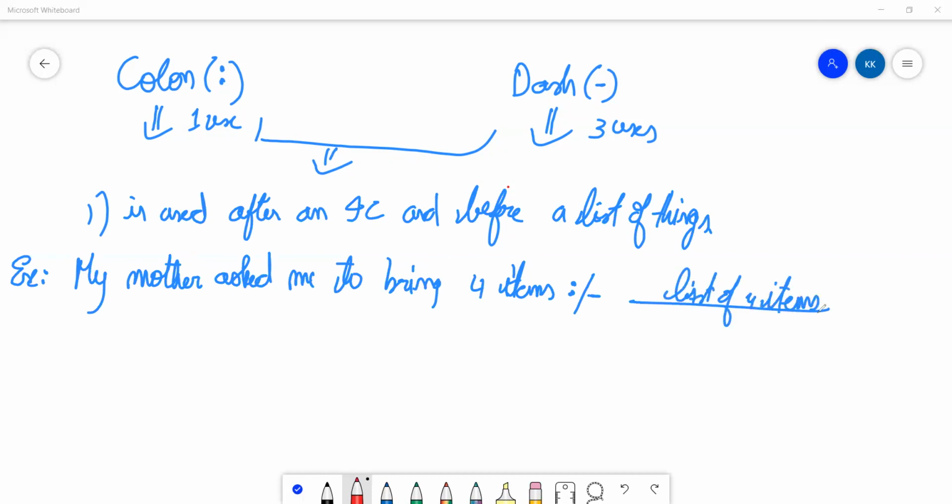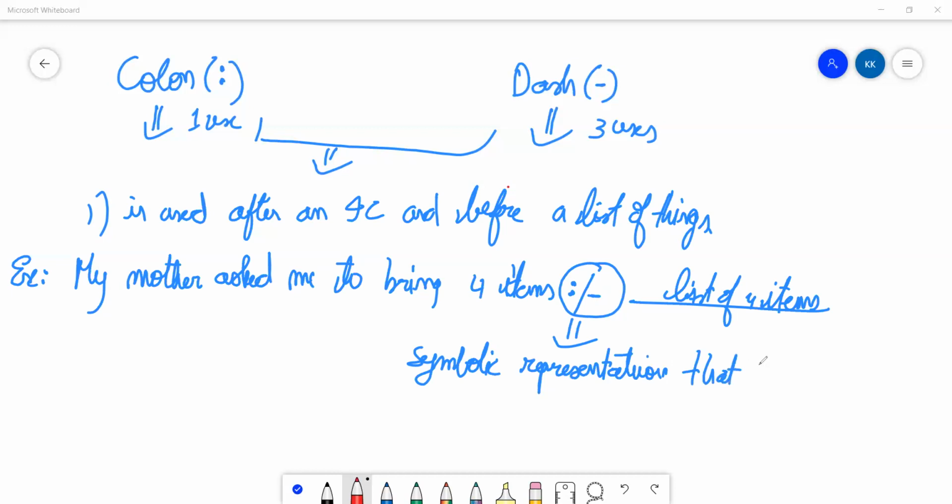Okay, understood my point. Now, why am I putting this colon or dash? This is nothing but symbolic representation that a list is going to begin.